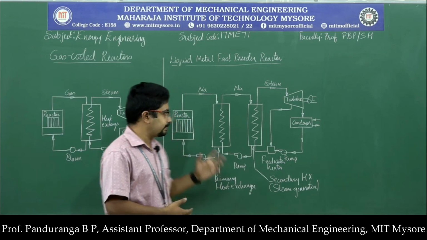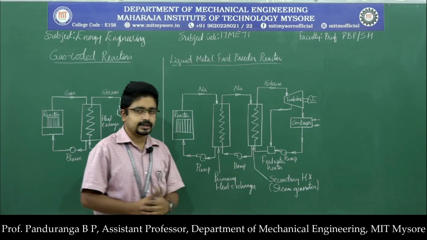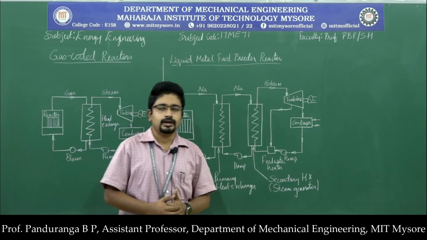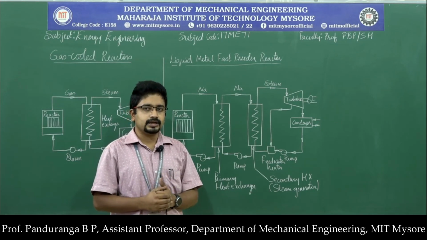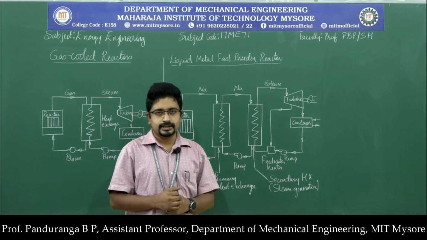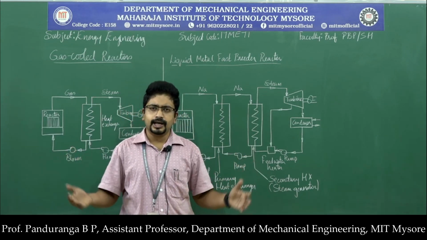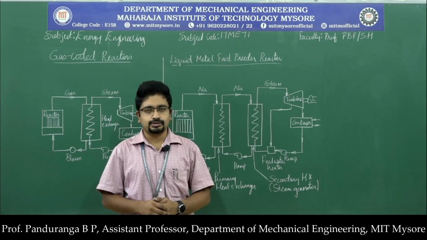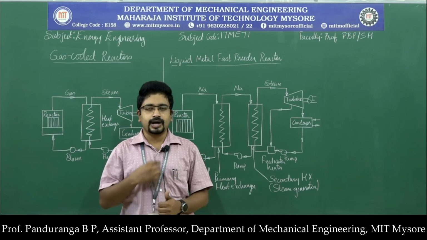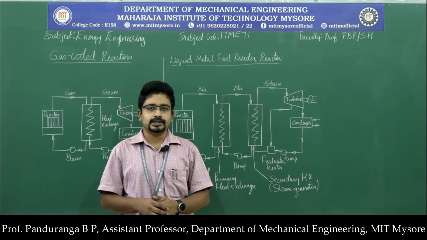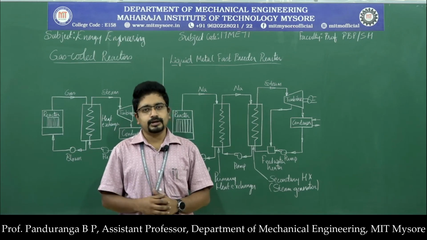If you are using a loop type, then if there is any leakage from the reactor or from the primary heat exchanger, that will be a disastrous thing. So that is the advantage, but the major disadvantage in the pool type is that we need a very large quantity of sodium, and that needs to be kept in liquid state, so you have to continuously supply additional heat. That is the major disadvantage with the pool type liquid metal fast breeder reactor.